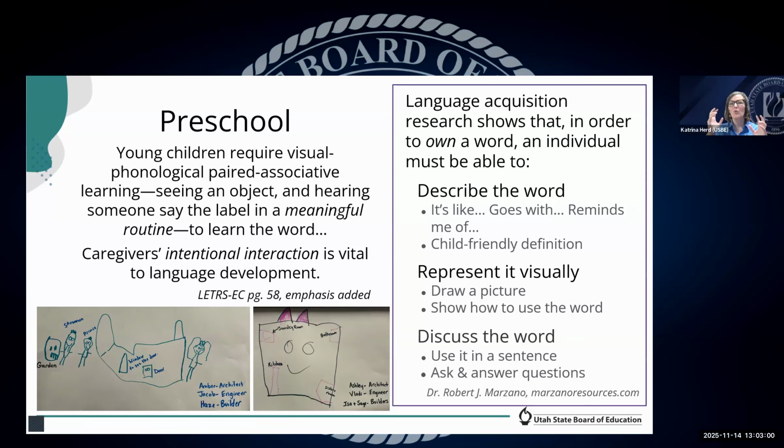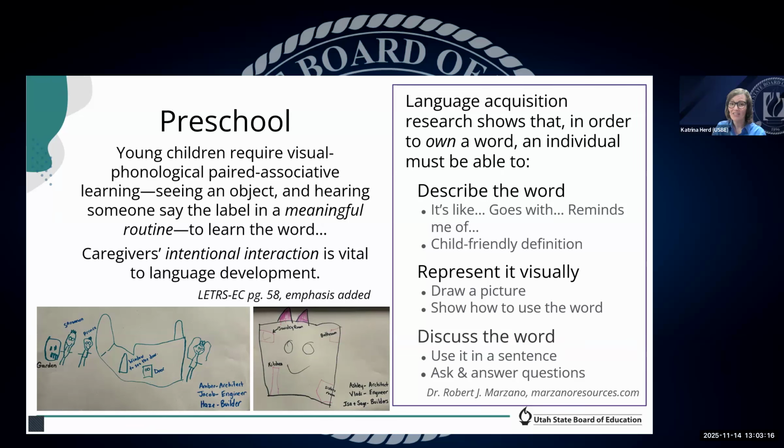So be careful with your phonological and associative learning, seeing things, labeling things. Make sure you're being really clear that letters make sounds and those sounds have meaning.